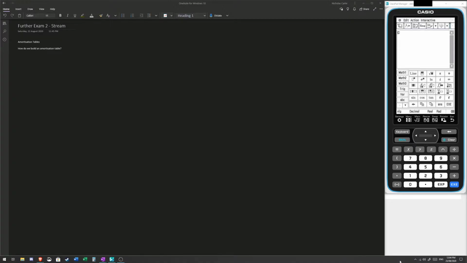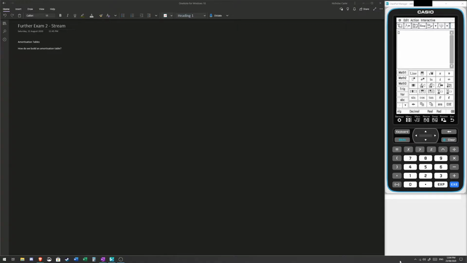So today we'll be looking at amortization tables. There were a few questions in the exam actually, because it wasn't on the first exam, so I added a few more amortization questions. There was one in particular that wasn't answered as well as the other questions, and it was just to do with the wording of the question, but it was purposely worded like that. We'll go into that a bit later.